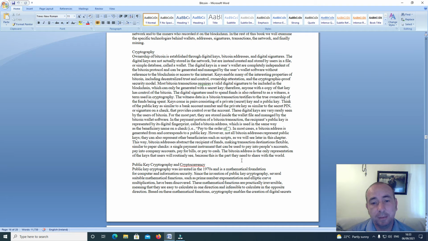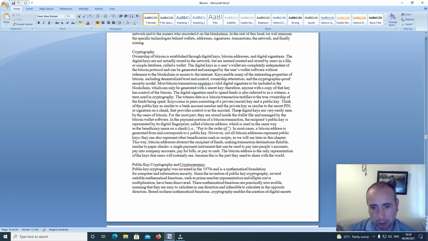Keys enable many of the interesting properties of Bitcoin, including decentralized trust and control, ownership and attestation, and a cryptographic proof security model. Most Bitcoin transactions require a valid digital signature to be included in the blockchain, which can only be generated with a secret key.